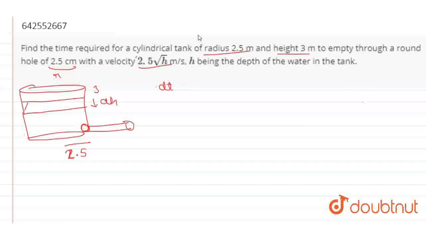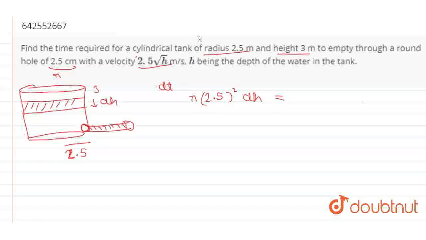Now, the decreased volume of water will be equal to the volume flown out of the tank due to that hole. So, the volume of decreased water will be equal to pi r square dh.